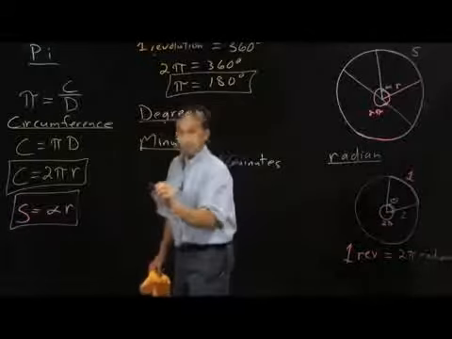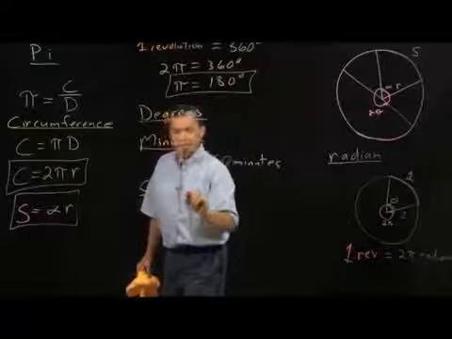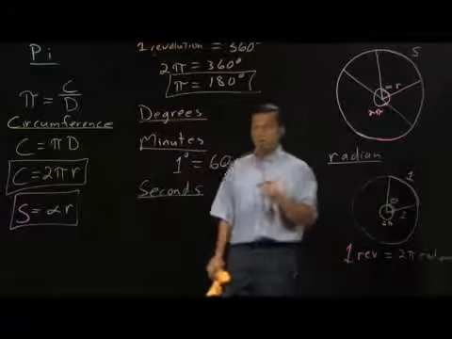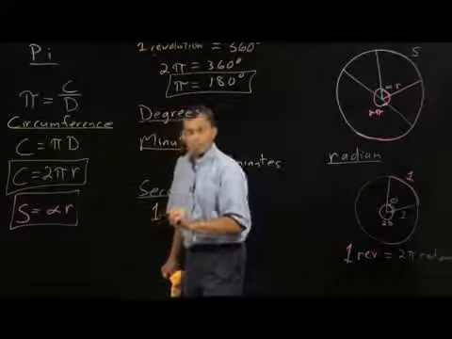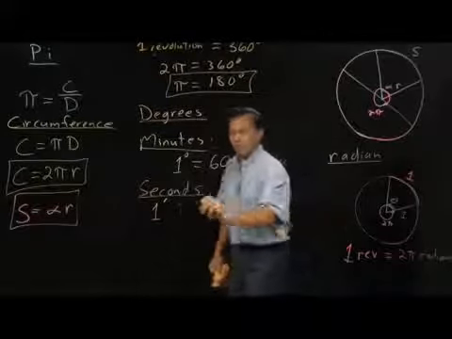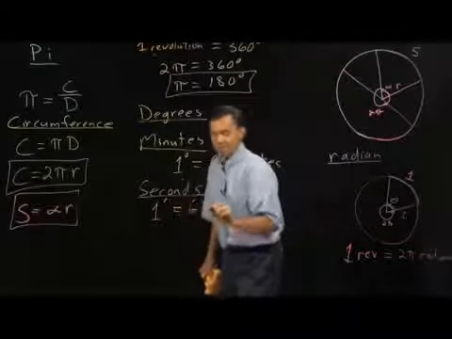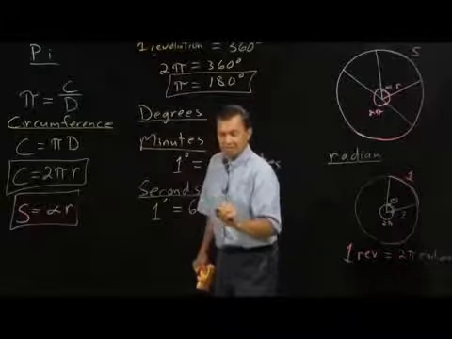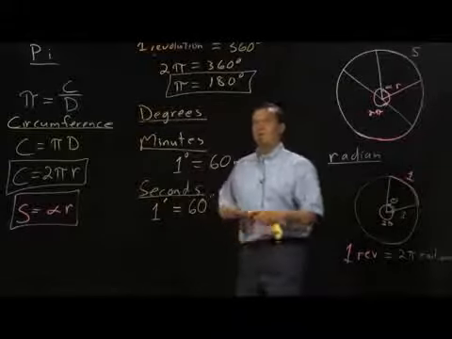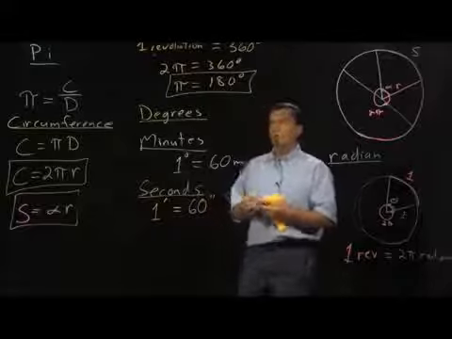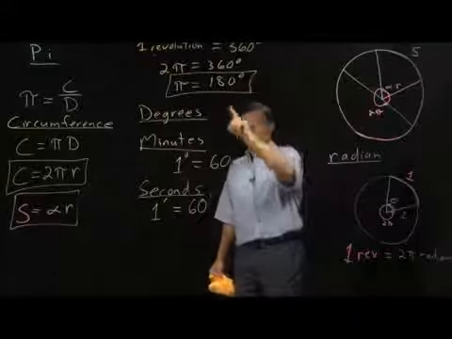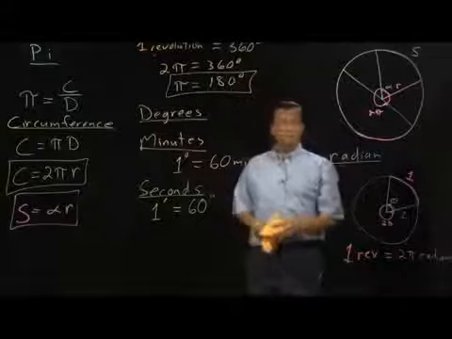And we can even go further down to seconds. And this is not telling time, minutes, and seconds, but actually measuring angles. So 1 minute, and we use a tick mark there to give us minutes, is 60 seconds. And we'll use a double tick here. So now you should be able to go and do your homework converting from radians to degrees, degrees to minutes and seconds, and vice versa.